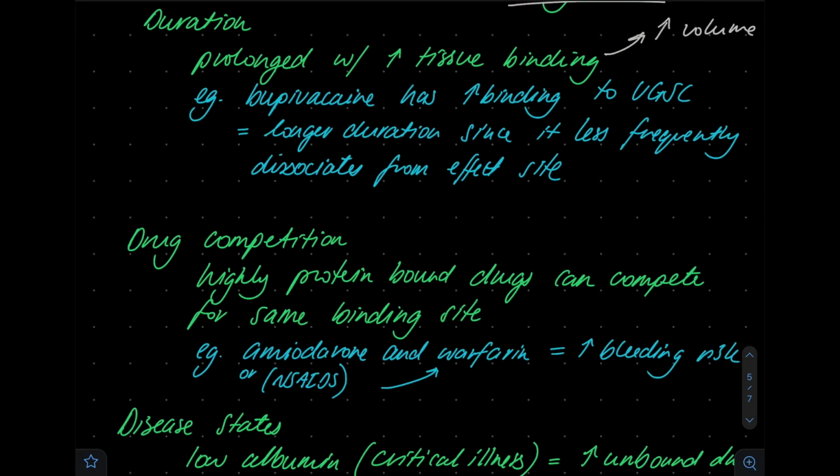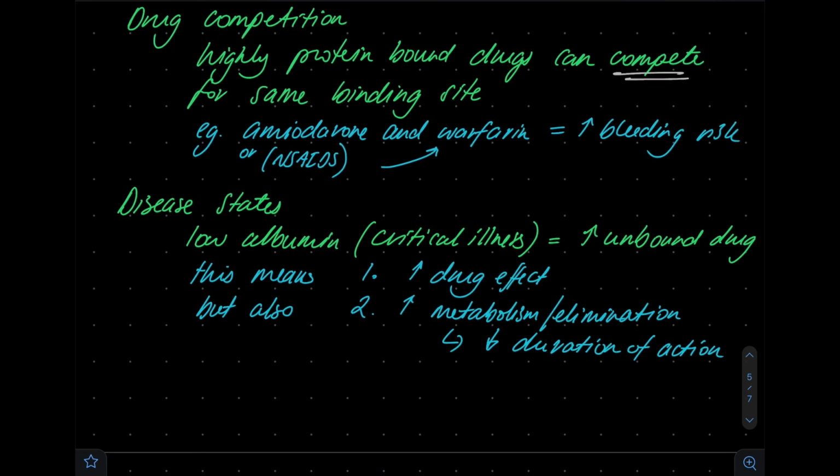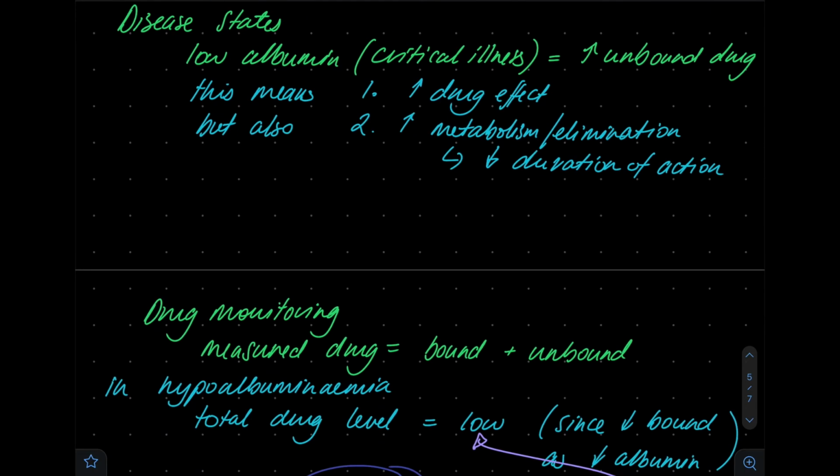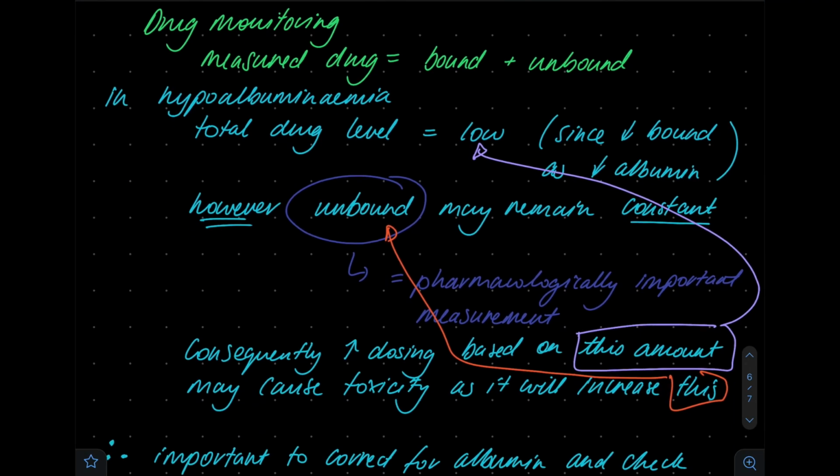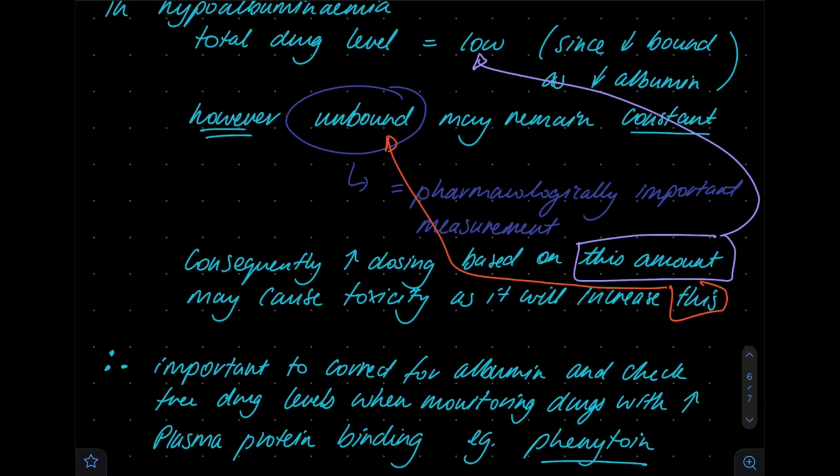High tissue binding tends to prolong the duration of action. Highly protein-bound drugs can compete for the same binding site and cause toxicity. Disease states that cause low albumin will increase the unbound fraction, meaning there's a greater drug effect, but also more drug being metabolized. Finally, we looked at drug monitoring and we highlighted the importance of considering albumin concentration and titrating drug dosage based on free drug levels.